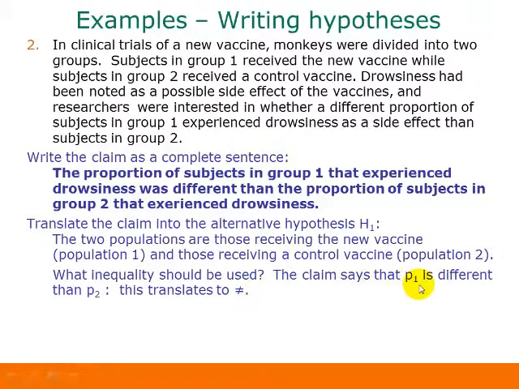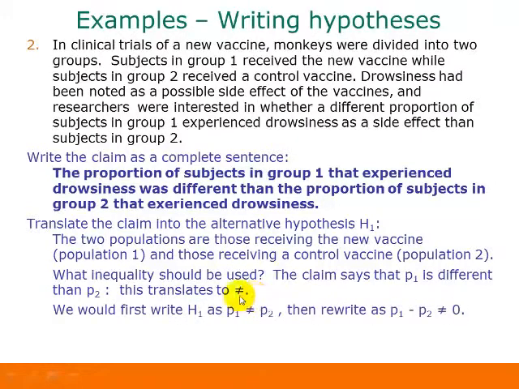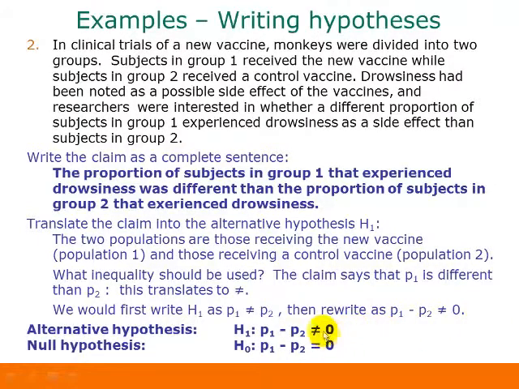The claim just says that P1 is different than P2, so this translates to a not equal to. So we would start out by writing our alternative hypothesis as P1 is not equal to P2, and then we'd subtract the P2 from each side to get P1 minus P2 is not equal to 0. So there's our alternative hypothesis, and there's our null hypothesis that we get by replacing the inequality with an equal sign.